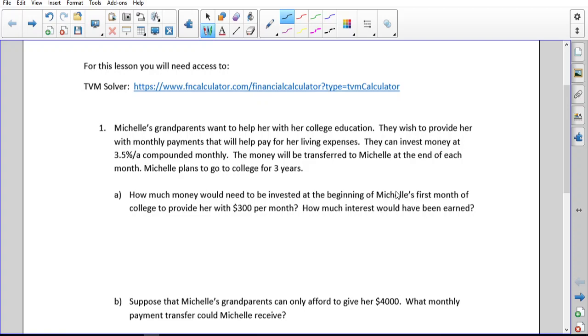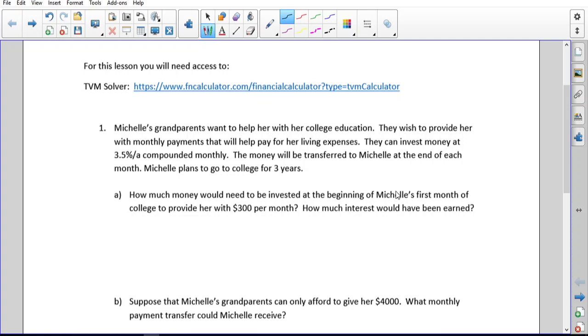At the end of each month, some of that money is going to be transferred into Michelle's account. A grandparent or parent might want to do this as a way to not give someone all the money at once, but to help them by budgeting, so they only get money at the end of every month.